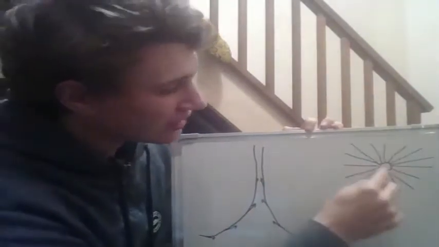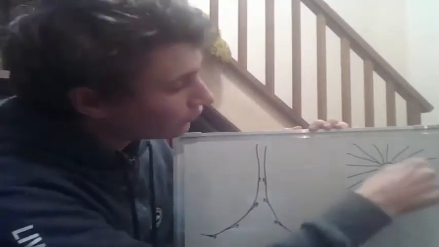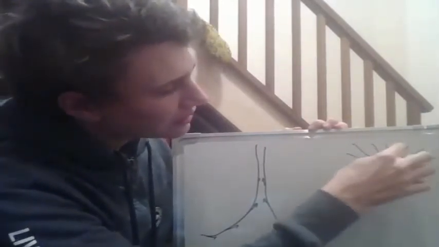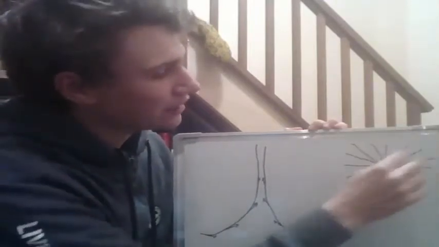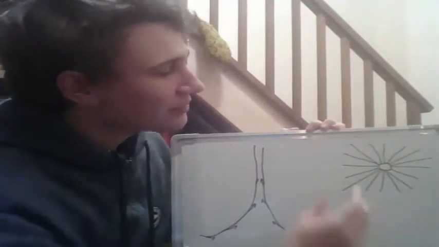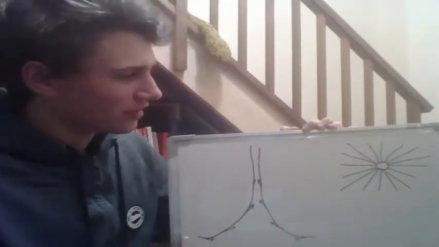So if we look here near the charge, we can see that there are a lot of field lines in this small area, so we know it's going to be a very strong field. While far out, in a certain area, there are much fewer field lines. There's only, let's say, 1, 2, 3 here, but in the same area here you can see 5. So, because there are fewer field lines, we know that the field isn't as strong there.